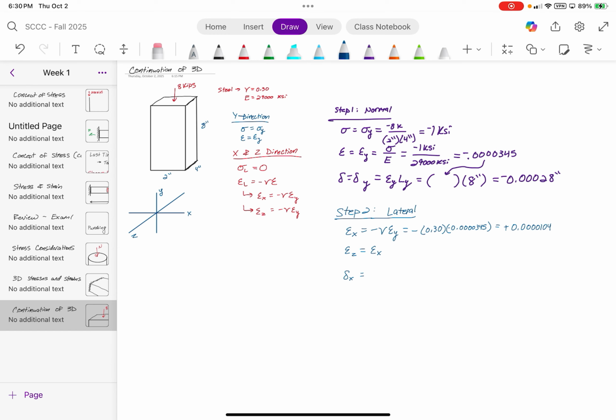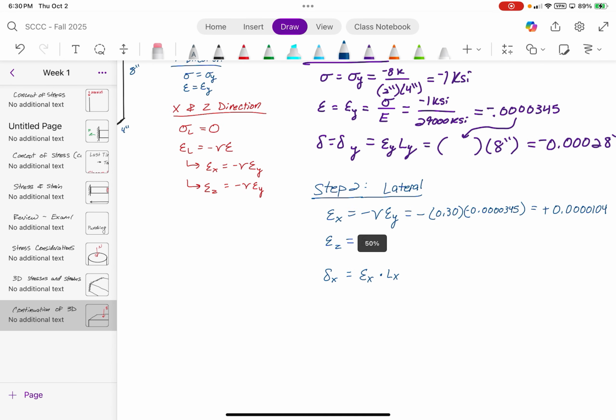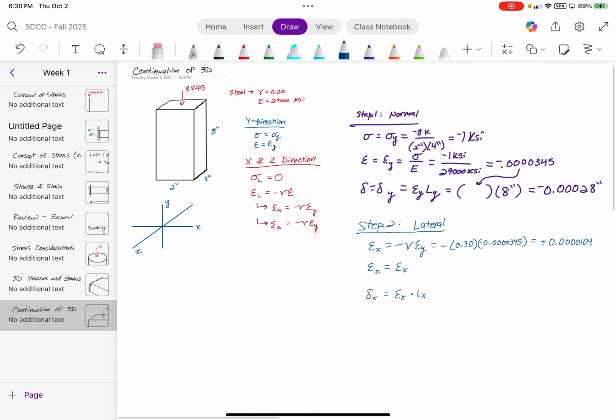What do we do for the normal? Strain times length. So we can use epsilon x multiplied by Lx. What you guys will notice is that the strain in both the x and z direction are the same because that lateral strain is direction independent. It doesn't matter. But the length in which that strain occurs does matter and is directionally dependent. So what is the length in the x direction? 2 inches.